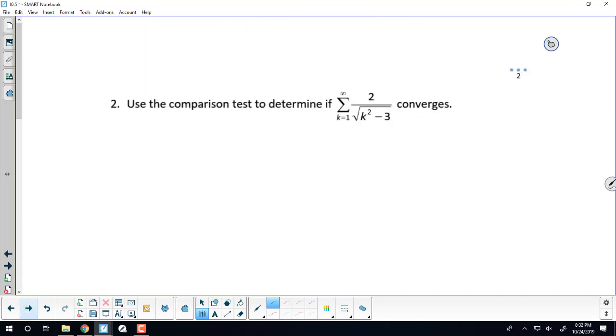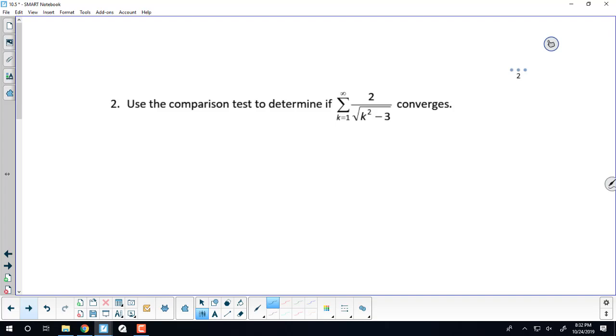Okay, so use the comparison test to determine if the series of 2 over root k squared minus 3 converges. We can choose to keep that constant in, or we could take that 2 out. It doesn't affect convergence or divergence.